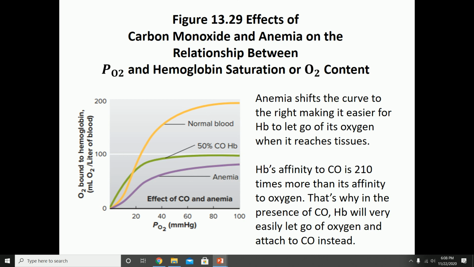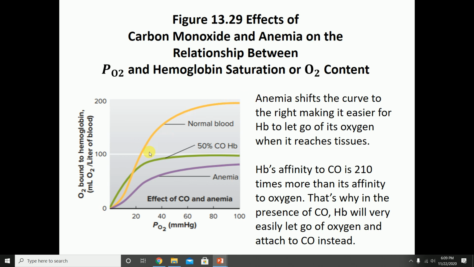So you will see that in anemic patients, that curve is shifted to the right a lot, okay, and that means that there is a very low affinity of hemoglobin to oxygen, and it's extremely easy for hemoglobin molecules to let go of the oxygen that they have to the tissues to meet the tissue demands.